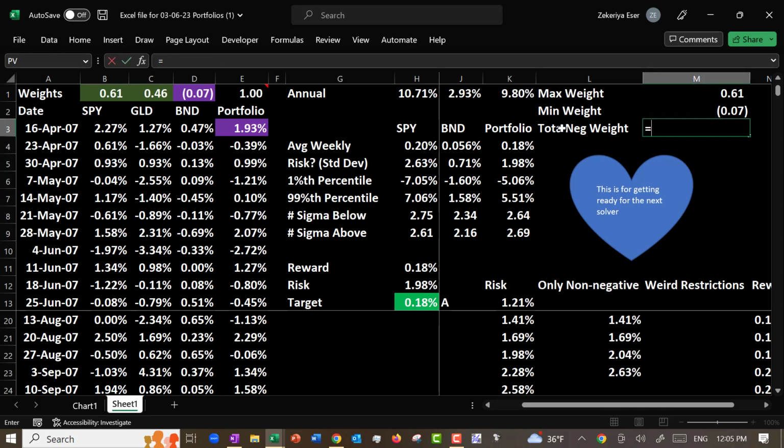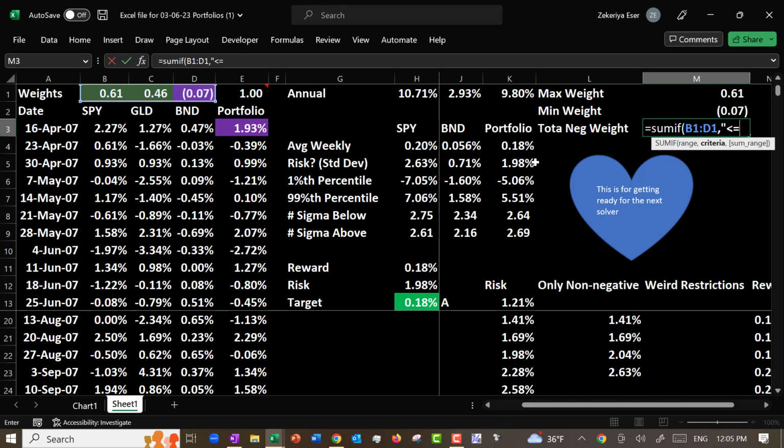There's a function in Excel called SUMIF. It literally does a sum conditional on a criteria. The first one is where is the criteria? Right here. Okay. The second one is what's the criteria?